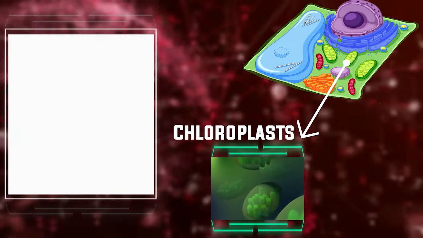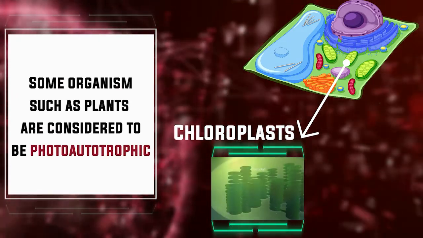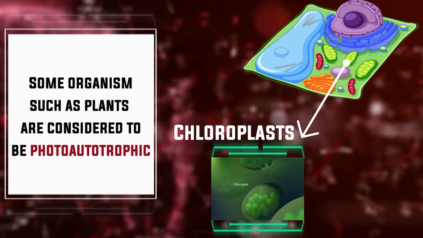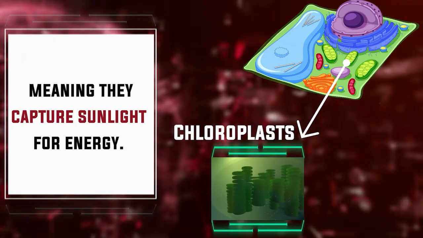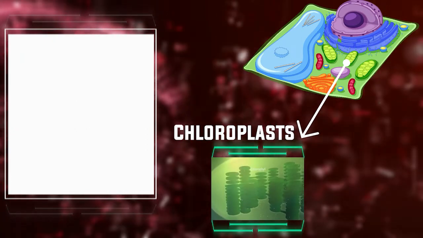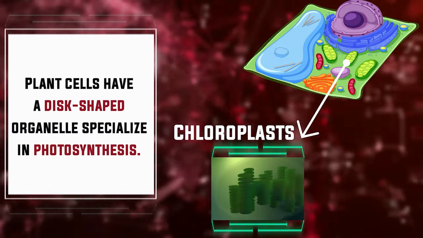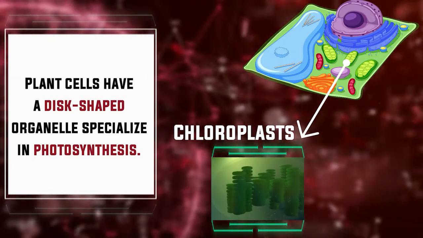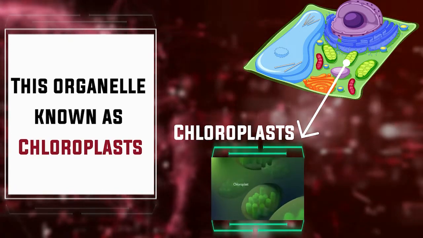Chloroplast. Some organisms, such as plants, are considered to be photoautotrophic, meaning these organisms capture sunlight for energy. Plant cells have a disc-shaped organelle specialized in photosynthesis. This organelle is known as chloroplast.